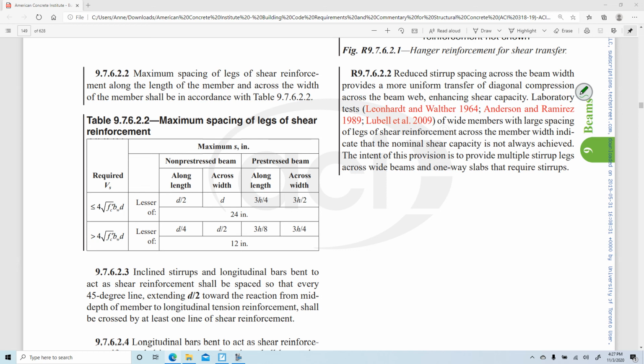Oh, I'm in 22. I was like, why is this talking about torsion? 25.7. We haven't been able to get into development length, but I'm on page 494.